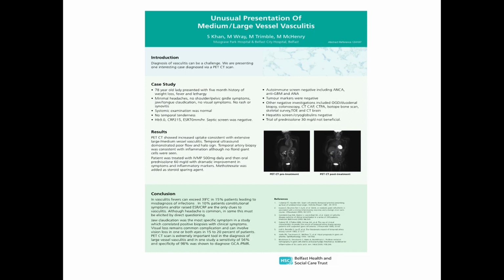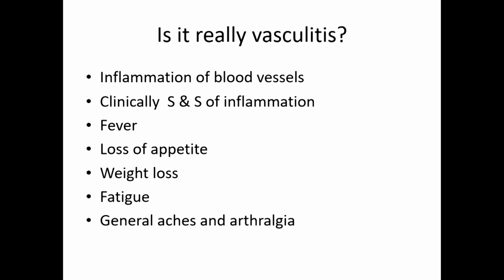So the point to highlight is that these conditions can present in a variety of ways and not necessarily with classical vasculitic rashes, depending upon the type of vasculitis. Just to touch base in regard to vasculitis, the first thing we need to ask ourselves is: is it really vasculitis?